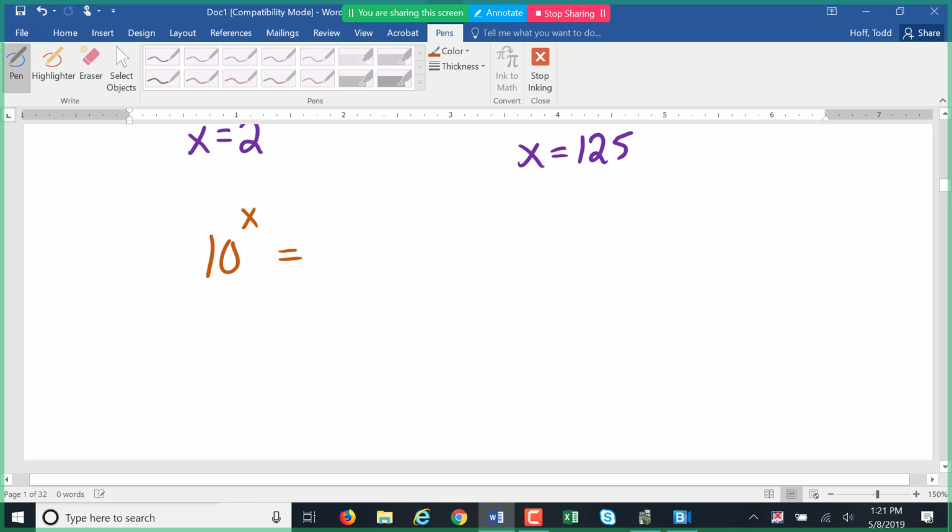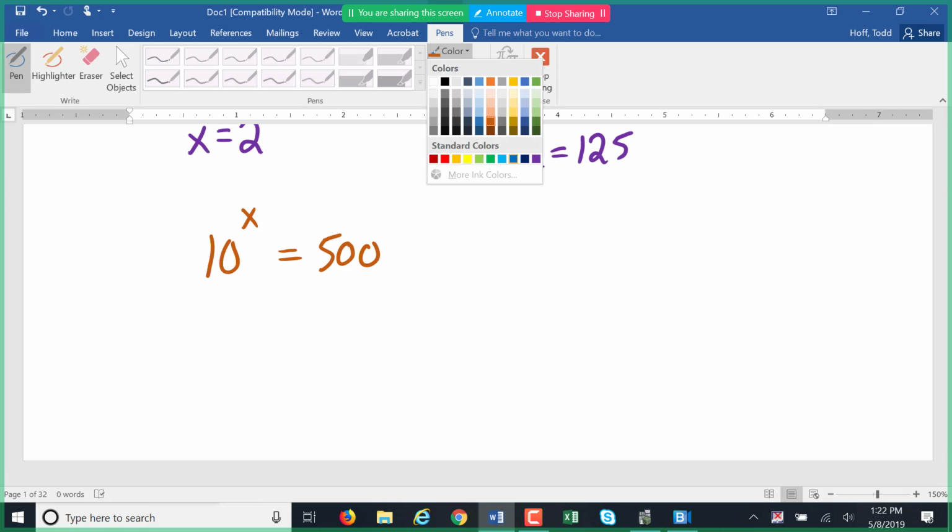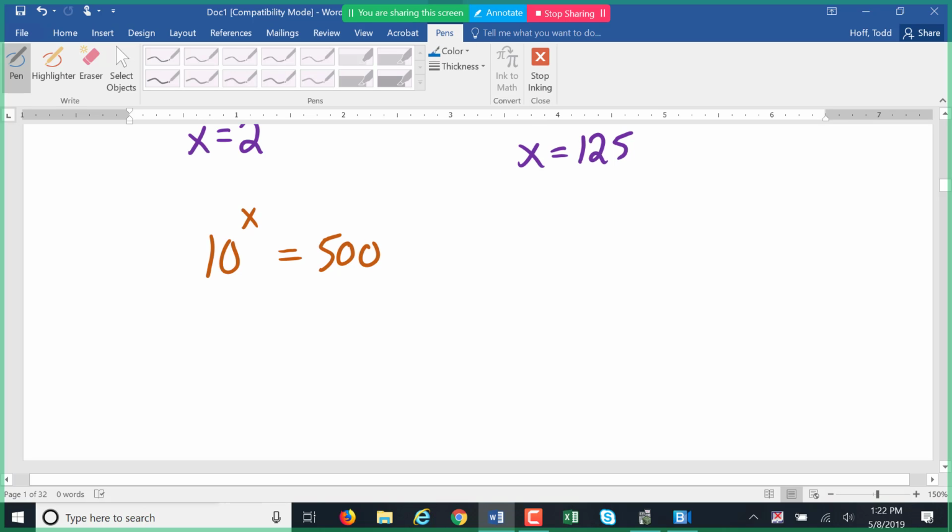If I have 10 to the power of x equals 500, this equation was built by taking x as the power of 10. The inverse of that is the log base 10.